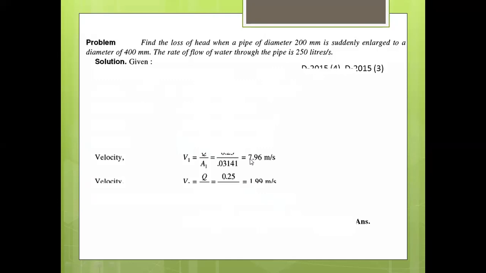Find the loss of head when the pipe of diameter 200 mm is suddenly enlarged to a diameter of 400 mm. The rate of flow of water through the pipe is 250 liter per second.